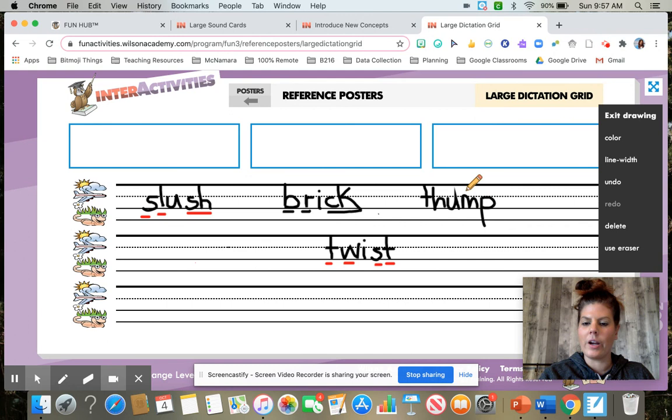And let's mark it up. Thump. That's a digraph. Two letters make one sound, so it's one line. And then we have our M and our P. That's a blend. Each consonant keeps its own sound. Thump. Great job today, guys.